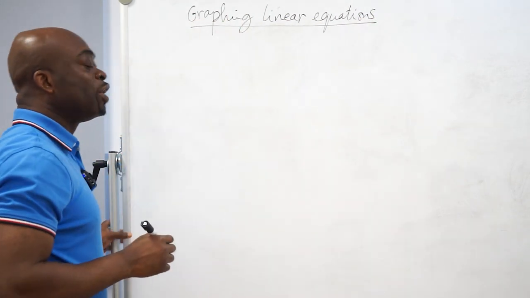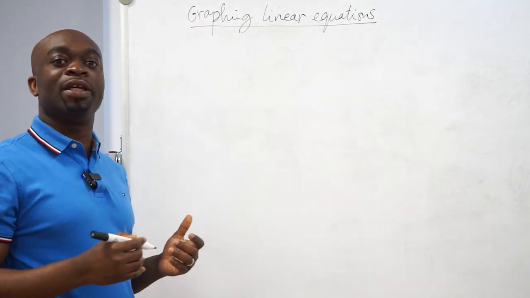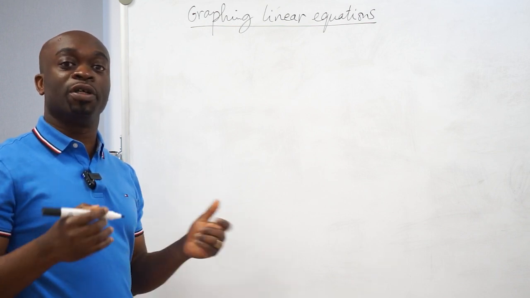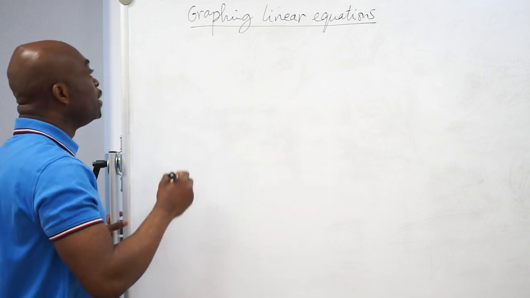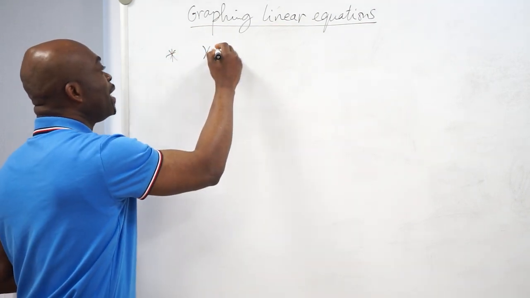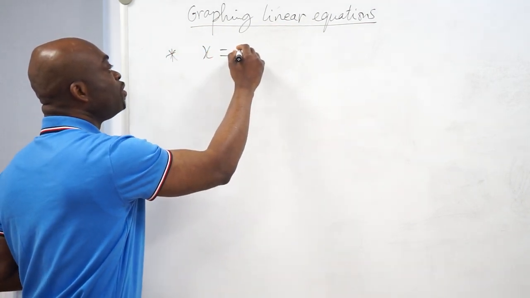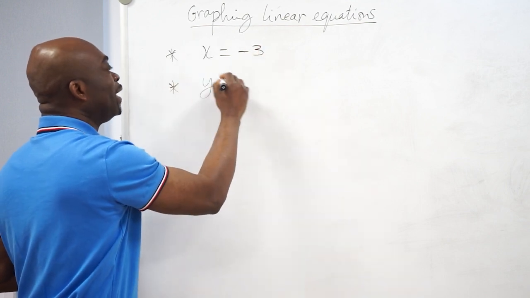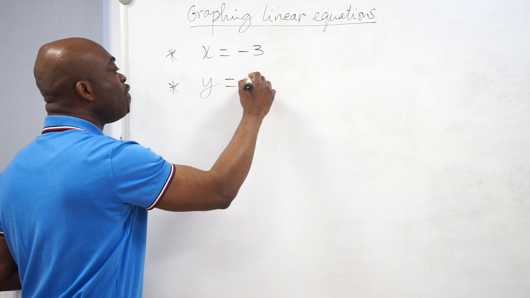All right, so we're going to see the different kinds of linear equations that we have, and then the ones that we're also going to graph in this case here. The first one is x equals -3. The second one is y equals +4.